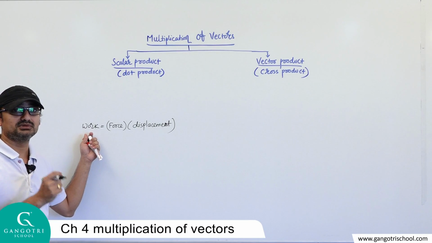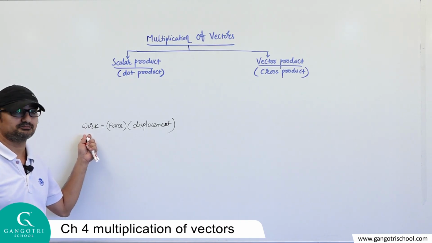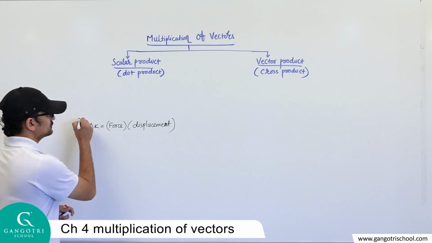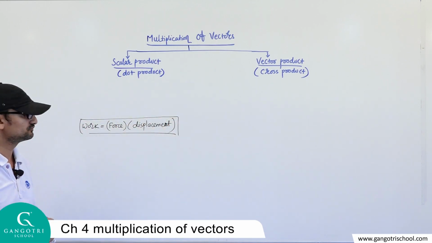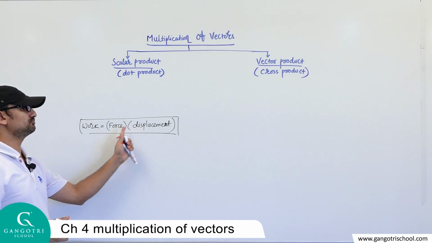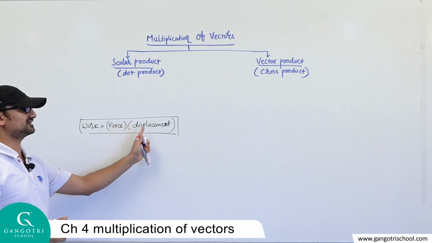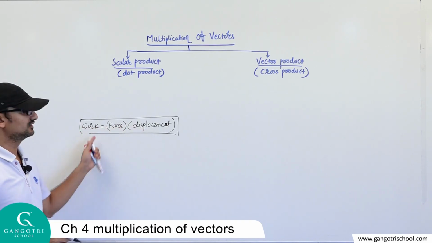It requires only magnitude. Direction is not involved with this physical quantity. So just see this equation. What this equation tells you is that there are two vector physical quantities multiplied, and the result is scalar.